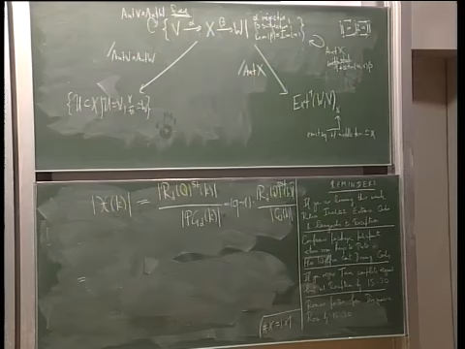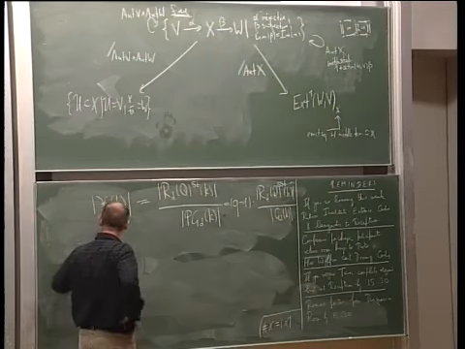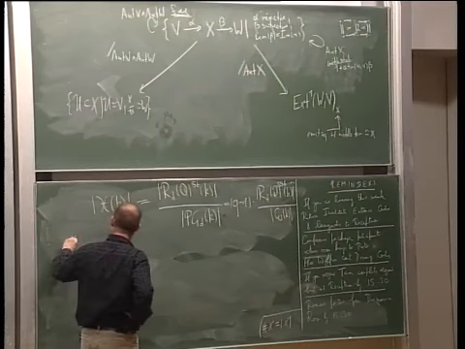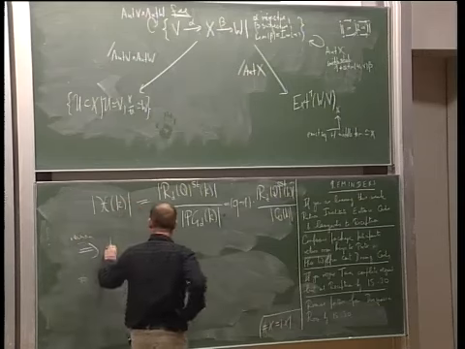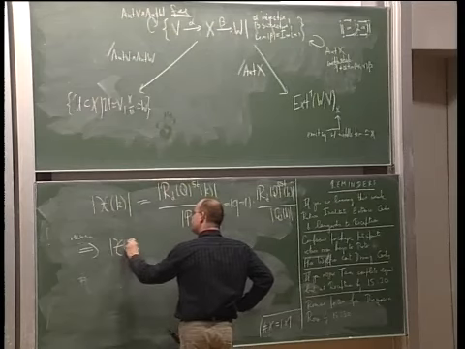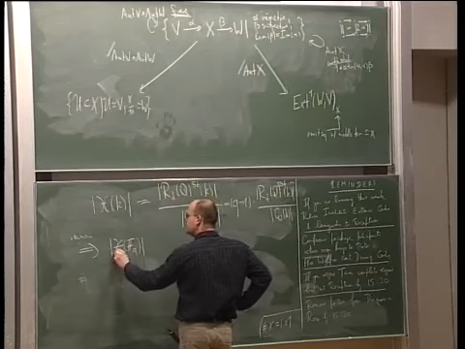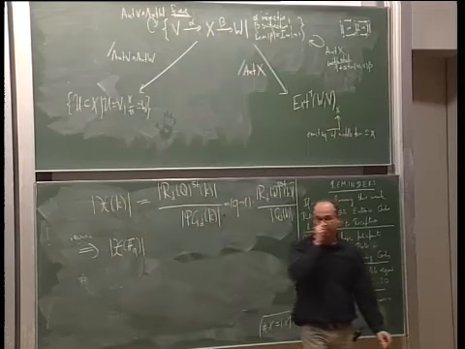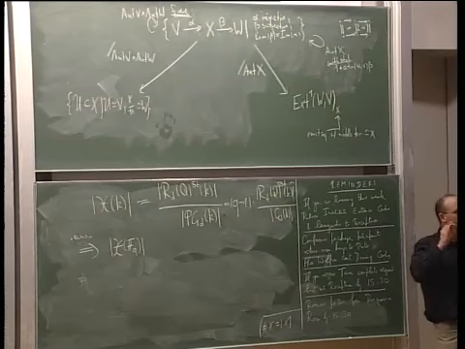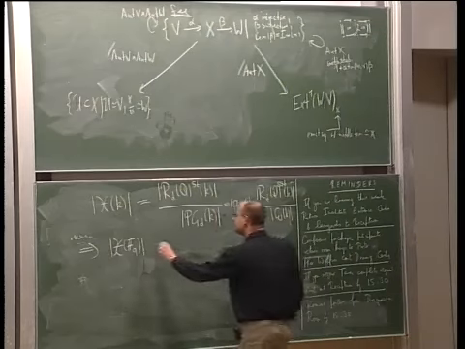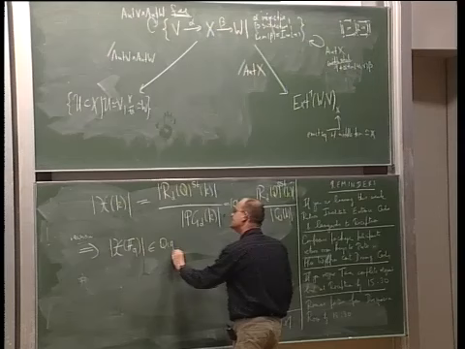And now from this recursion, you can actually see that the cardinality of rational points over finite fields of these moduli spaces behaves like a polynomial in the size of the field. Well, actually, first of all, it's a rational function in the size of the field.